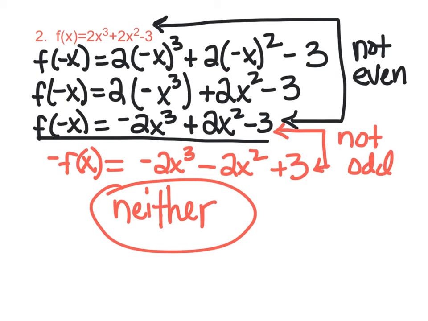Is it symmetric with respect to the origin? In other words, if I turn it upside down, will it be the same picture, right side up as it is upside down? If it is, then just test for the odd rule. If it's not either of those, not symmetric with respect to the y-axis or with respect to the origin, then you're going to do what I just did right now, and you're going to test both. Okay, so that's kind of like a little cheater shortcut that works.